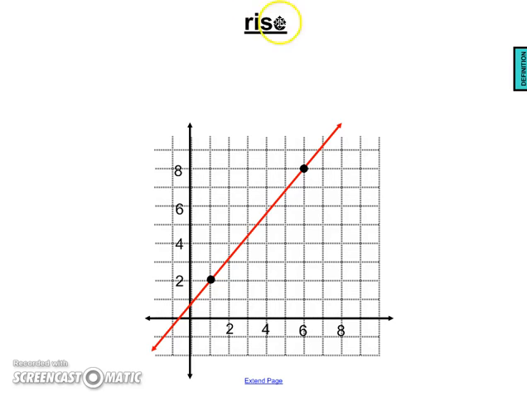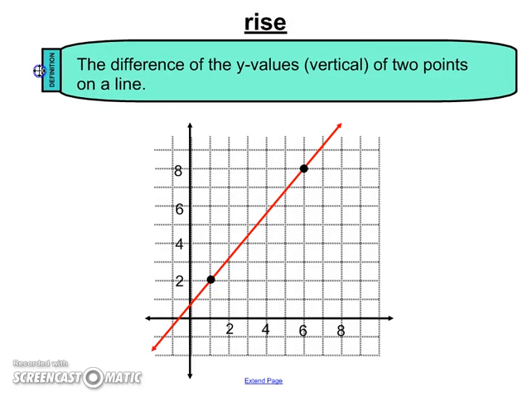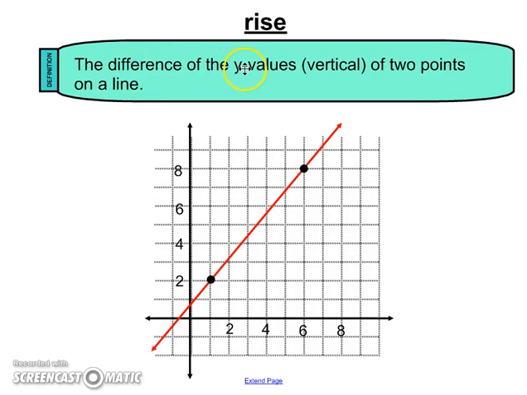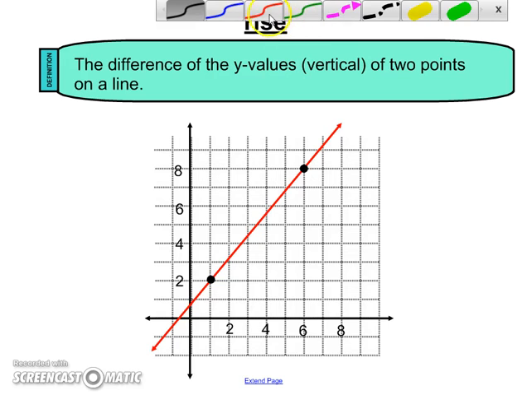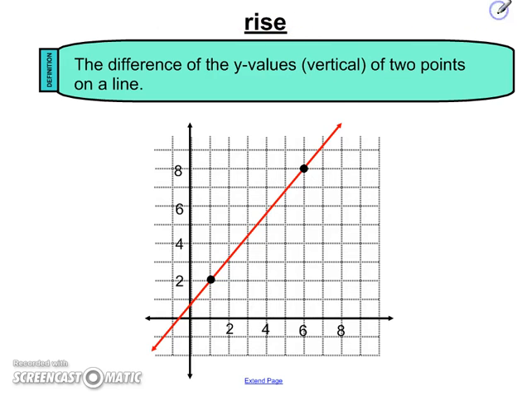The first concept is what we call rise, okay? And the rise is the difference of the y values, and this is vertical, of 2 points on a line. And when we're talking about rise, let me use blue here. If I pick 2 points on a line, we are talking about the vertical distance from one point to another, okay?